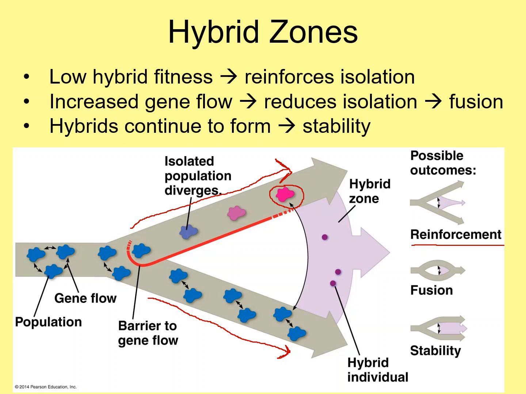These hybrids can continue to form because there's less of a negative consequence for the individuals that mate with the wrong species, because their offspring are viable and they are fertile, even though they have really lousy fitness. So again, the individuals that make a mistake are not going to have great fitness, but it might be just enough to perpetuate the formation of hybrids into the future. So one possible outcome is ending up with a stable hybrid zone.